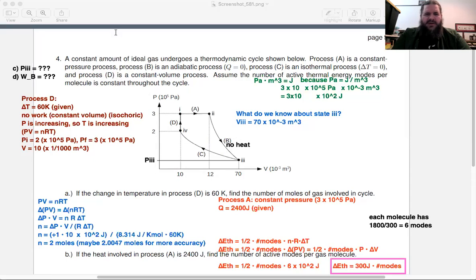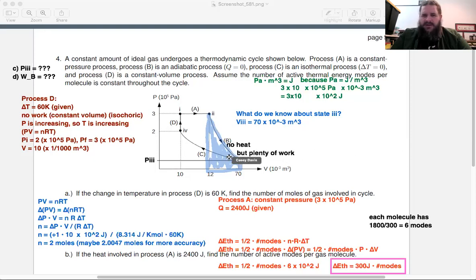In fact, in this case, we know there is going to be a lot of work, because if you take a look at the idea of work being area under the curve, this curve has a lot of area under it. All this area in here. So that means process B involves no heat, but it does involve lots of work. So that might make process B inconvenient to deal with. There's a lot of work being done, so that means that the change in energy would be difficult to calculate.